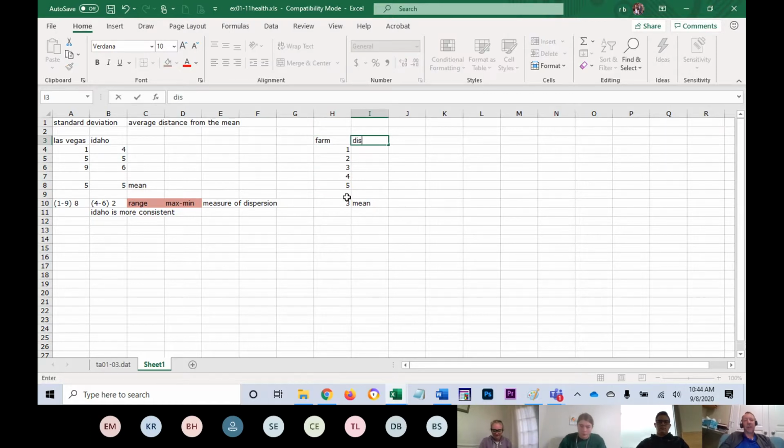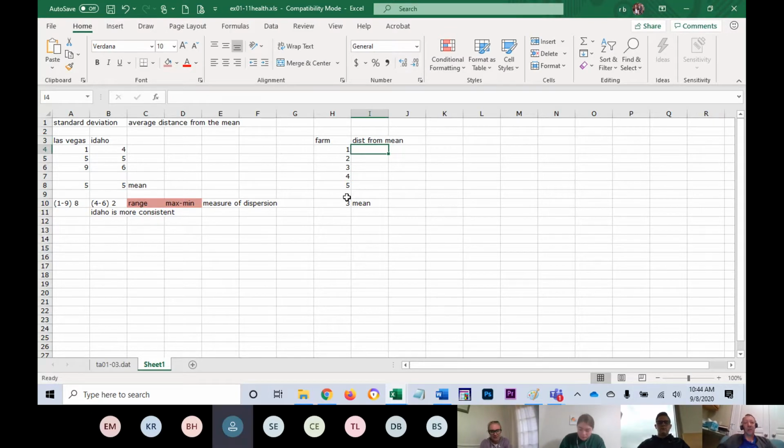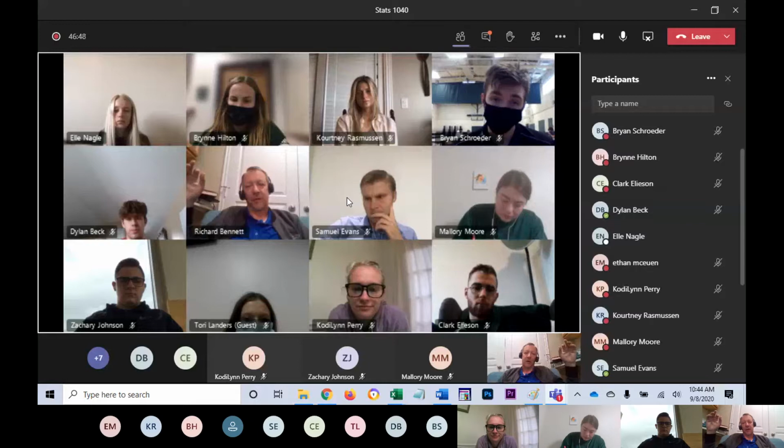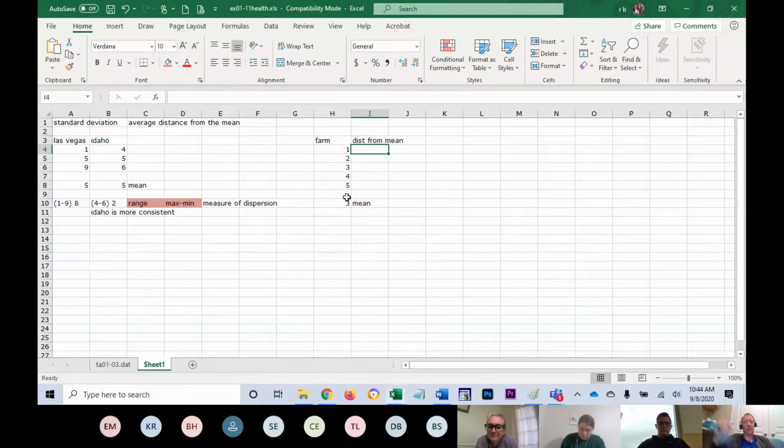So let's talk about the distance from the mean. Before we get all involved in these formulas, I just want to think about this logically. Sam, what is the distance from 1 to 3?